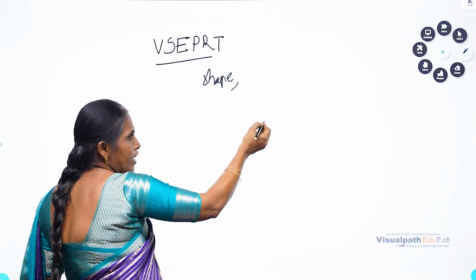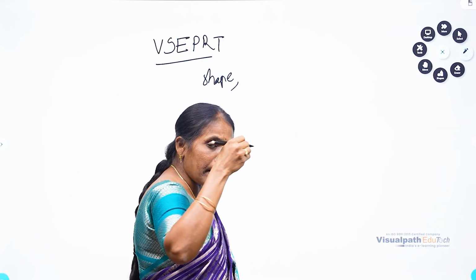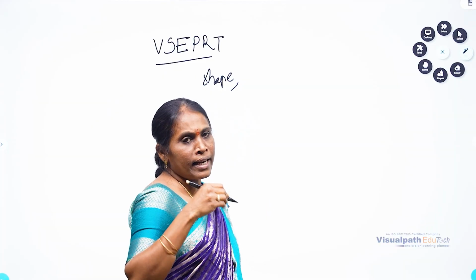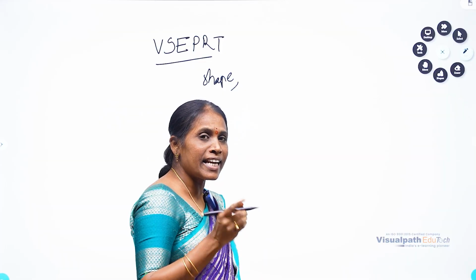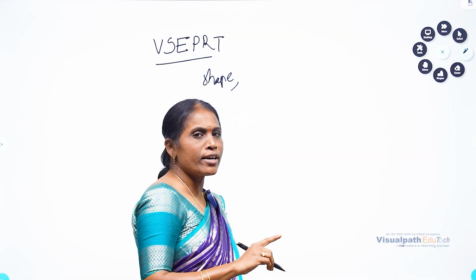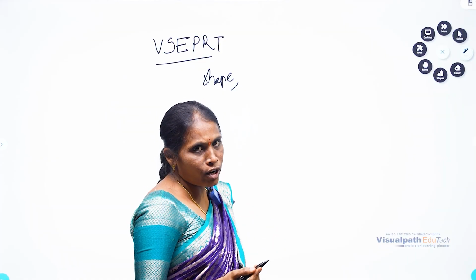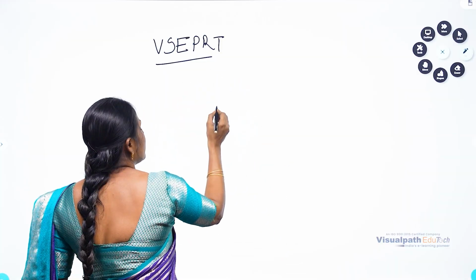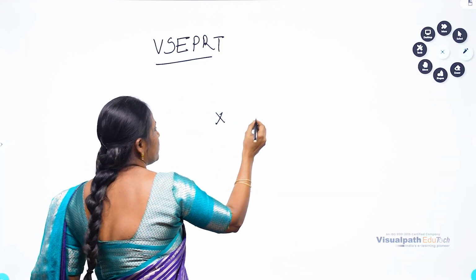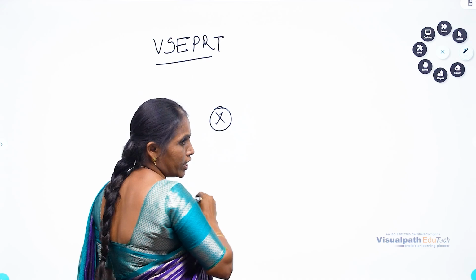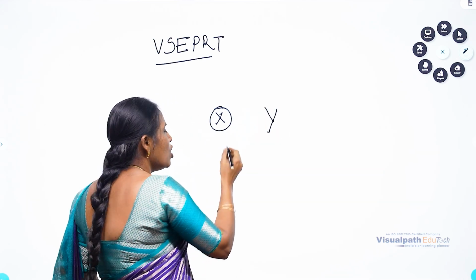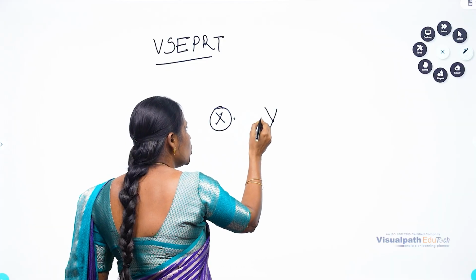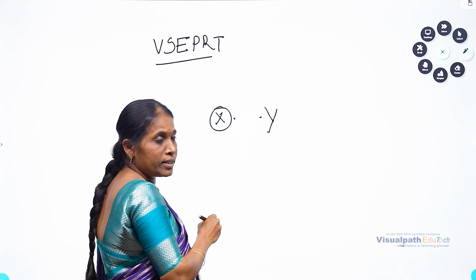Here it explains depending upon the bonding electrons, meaning the number of electron pairs, and these electron pairs are either bonded electron pairs or lone pairs of electrons. We take one example. X is a central nucleus, and Y is attached to this central nucleus. In between these two, two electrons are there.